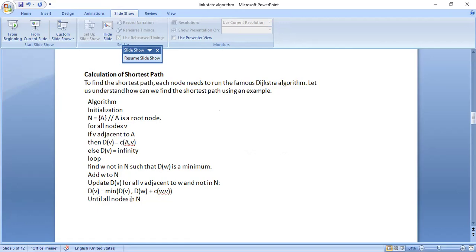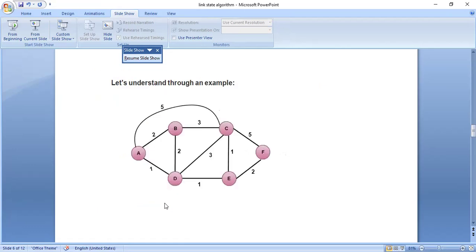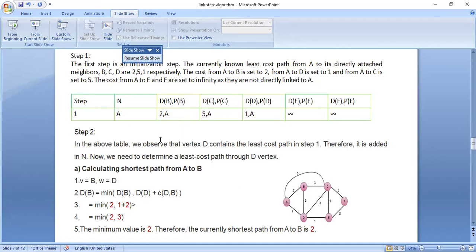Let us understand how we can find the shortest path using an example. In this graph, A, B, C, D, E, F are the nodes or routers, and each link contains the cost or metric of the connected path.